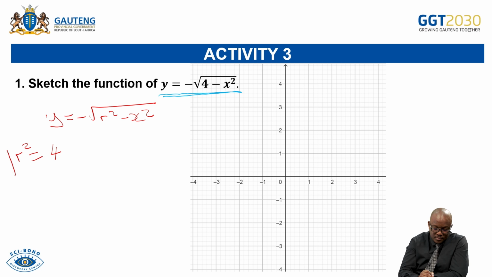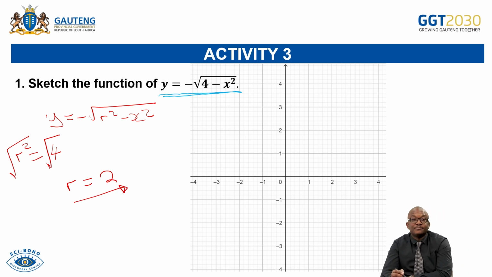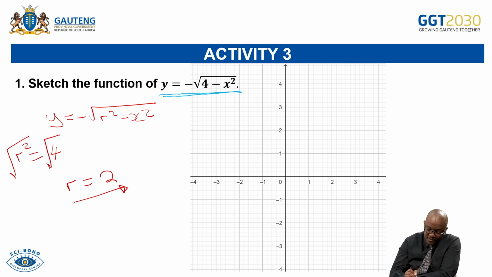So introduce the square root. Your r will be 2, which is your radius. Then because we have a negative there, it will come below. So those are the points where our graph goes, from the origin.